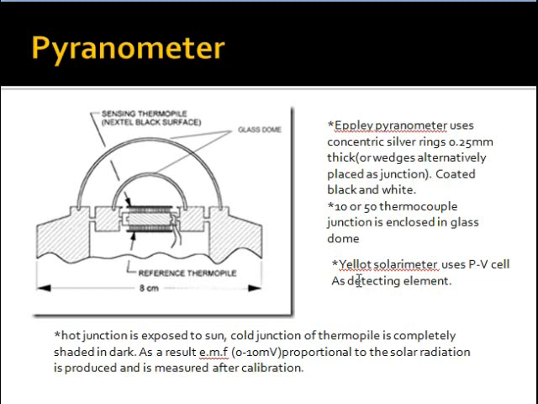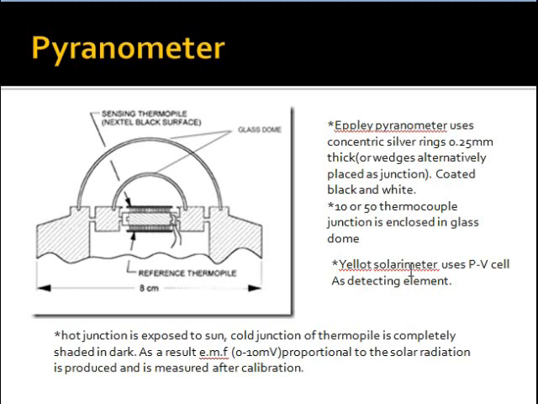Next is the Eppley solarimeter. It is one such type of solarimeter in which, instead of using a thermocouple, it uses a photovoltaic cell. So in the photovoltaic cell there will be a silicon cell, a silicon junction.